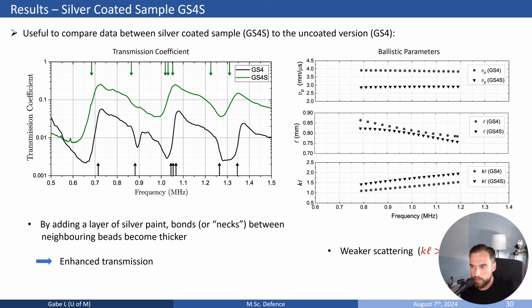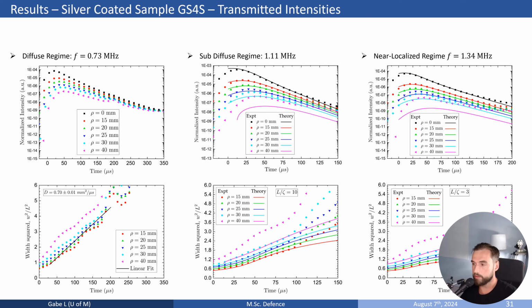For the ballistic parameter, we get a kL that is larger than 1 here, indicating that we might not be able to achieve the localization regime, which is what we saw. We see the diffuse regime, the subdiffuse regime, and the near localized regime, which is as far as we could get with the sample after coating it.